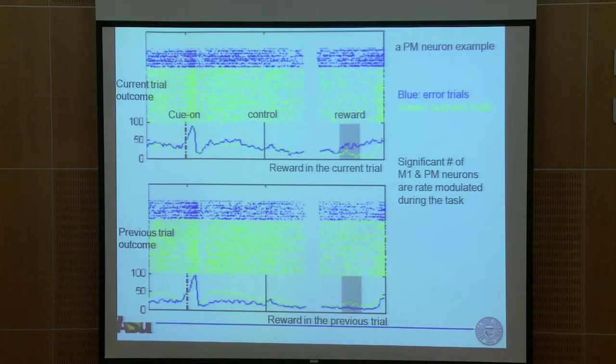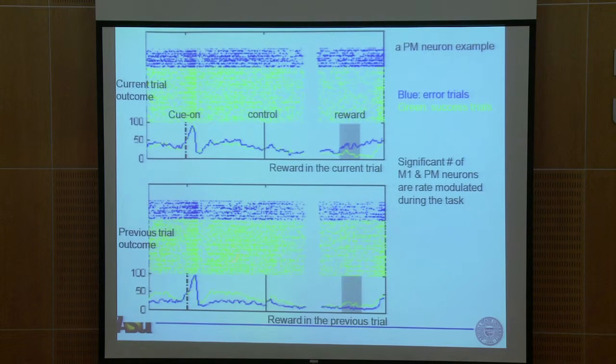Do I get a reward or I don't get a reward? You see his expectations are different. This is when I'm only looking at the current trial. I'm not considering correlation with the previous trials. So then he realizes the difference if he does it right or he does it wrong.